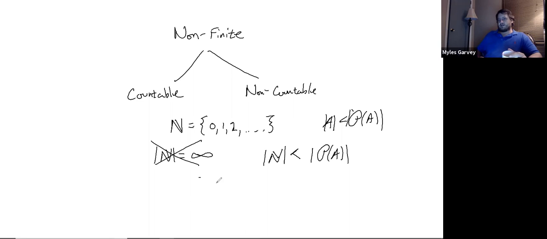One thing I will state here is that what also holds for non-finite sets is that if there is a bijection between A and B, regardless of whether A and B are finite or non-finite, then the cardinality of A needs to be equal to the cardinality of B. So we're going to use this little fact here.